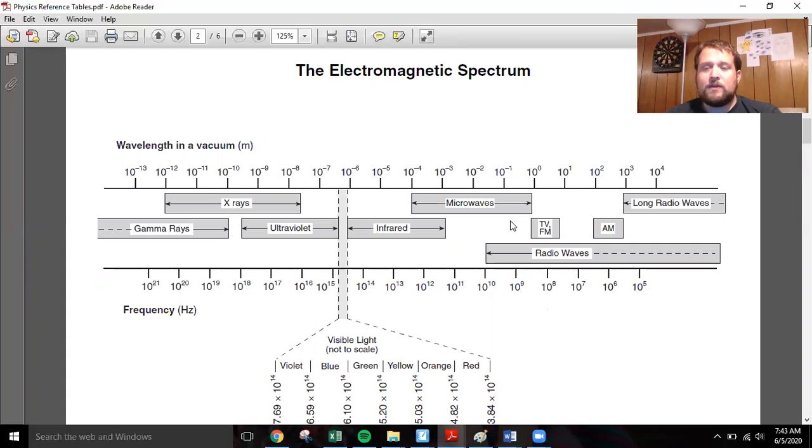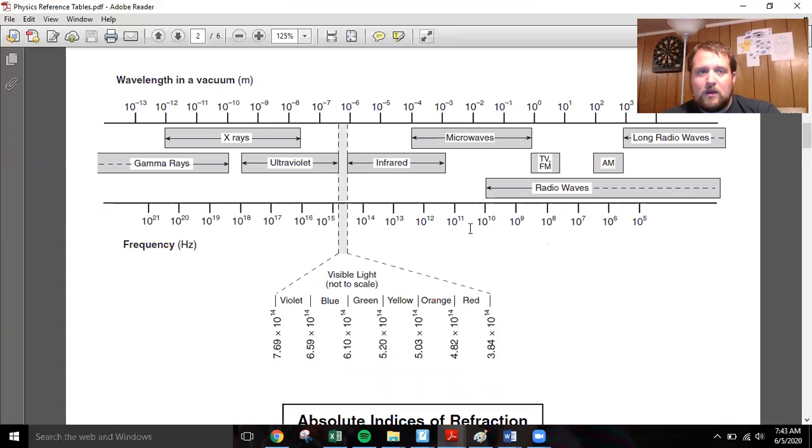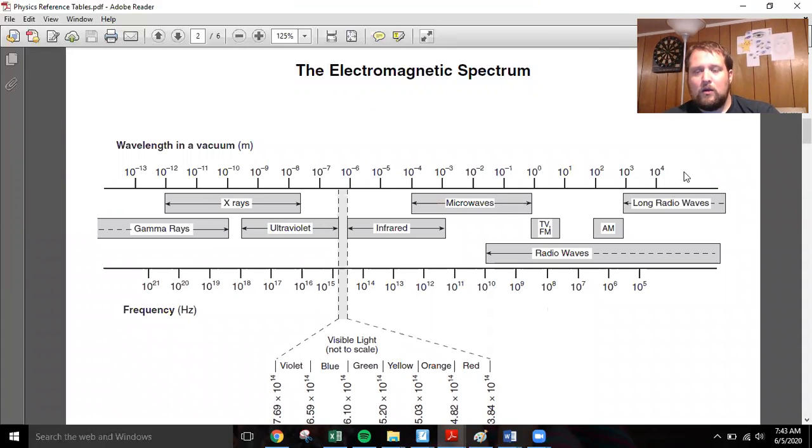So they would all move at the same speed in space, or the same speed through air or anything like that. The difference between them is their wavelengths. Some have very long waves. 10 to the 4 is like 10,000 meters long. That's huge. All the way down to very, very tiny waves. Invisible light is on the small side.